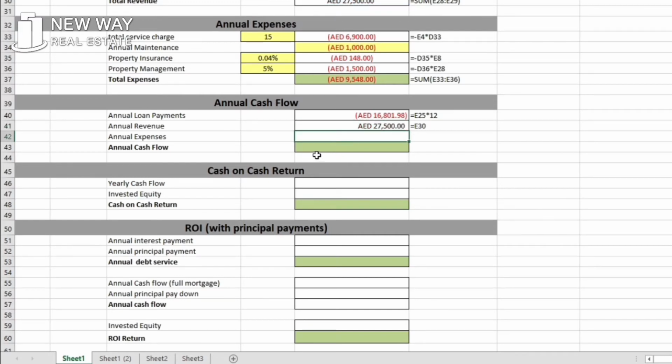Then we go to the total expenses, annual expenses, equals the figure here. And the annual cash flow would be equal to 1,150. It might not sound as much, but let's see the cash on cash return.